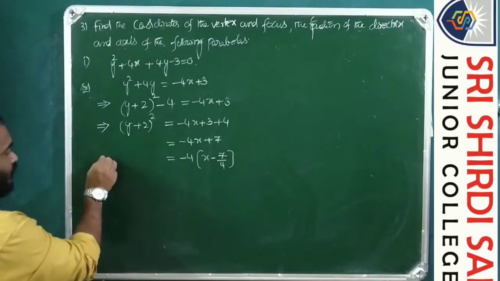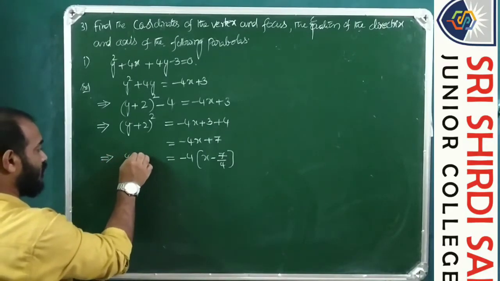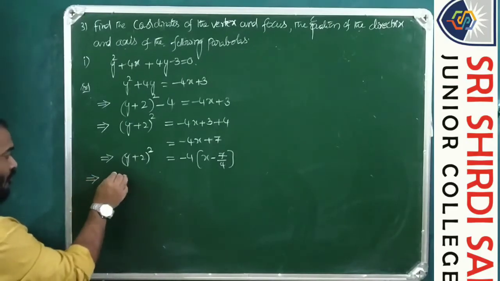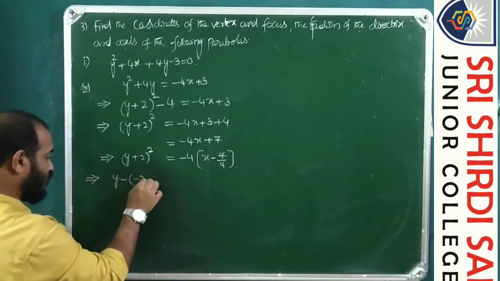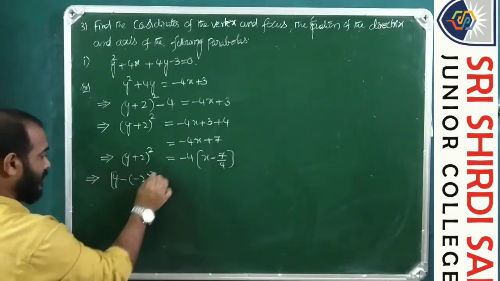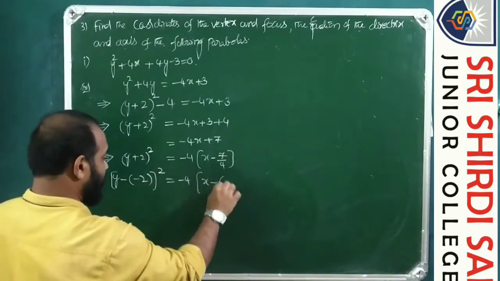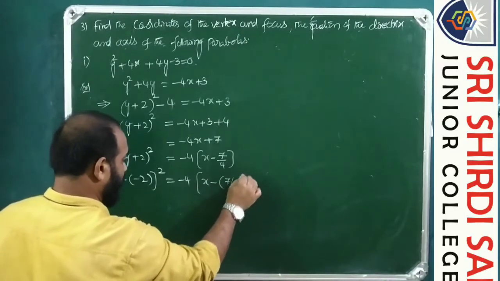So this is equal to (y plus 2) whole square, which is y minus of minus 2 whole square equals minus 4 into (x minus 7 by 4).